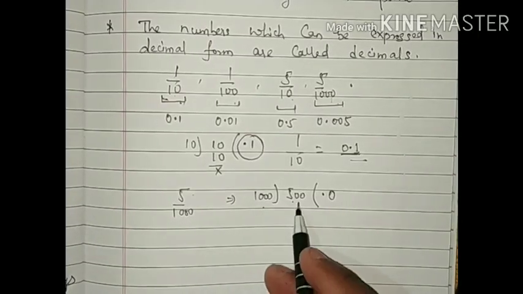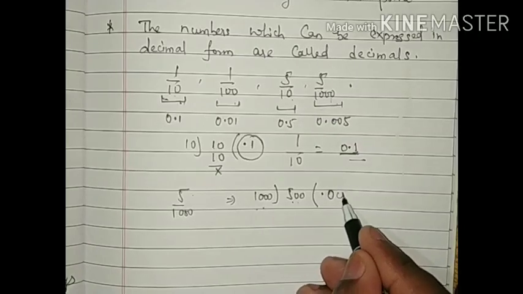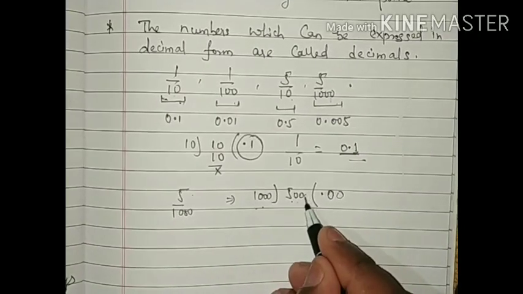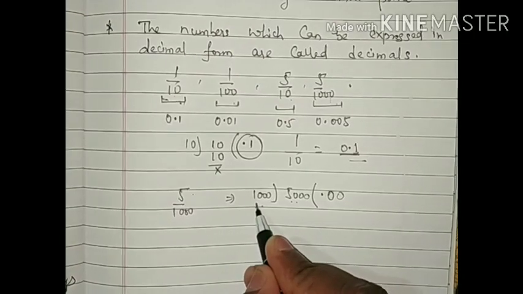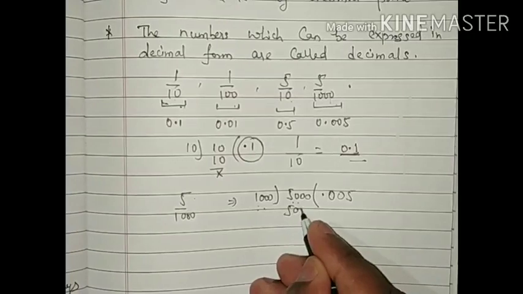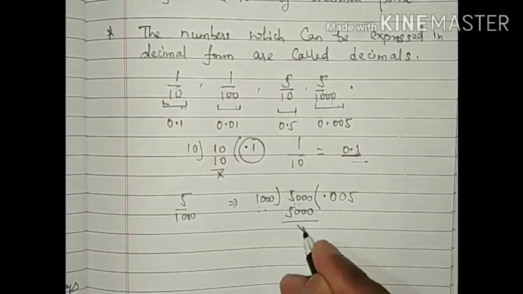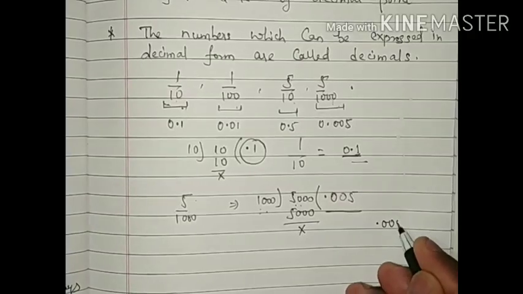Now, can 500 be divided by 1000? No, not at all. Once again, we will put a 0. What do we get? Again a 0. Now 5000 can be divided by 1000 how many times? 5 times. 1000 fives are 5000. What is the answer? 0.005.